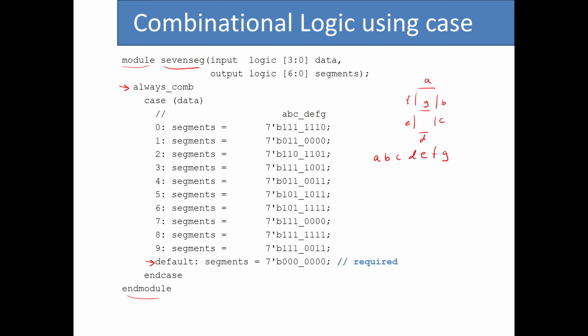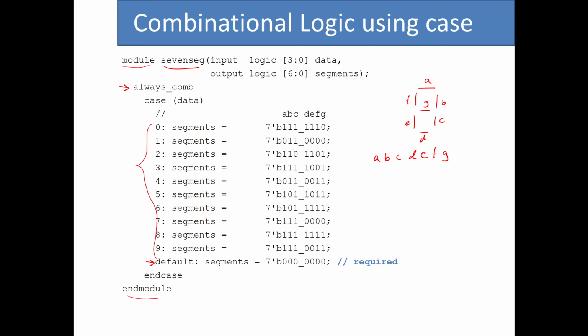But one thing that you should consider is that for using the case statement, you should have all the possible cases listed. When we have 4-bit data, in total we have 16 possible combinations. Since I only specified 10 of them, the rest should be specified using a default, right? Otherwise, some unintended consequences might happen.